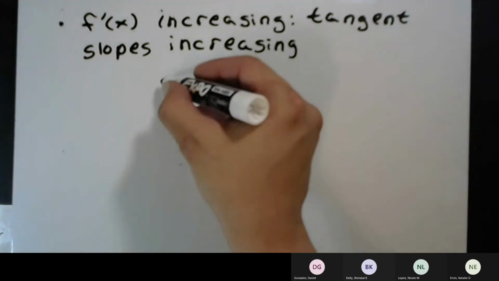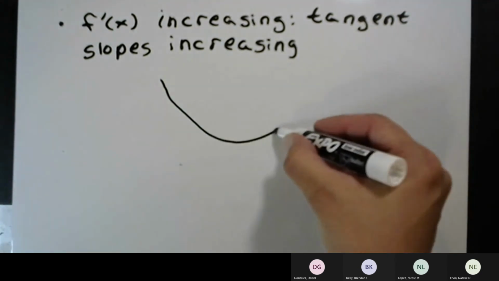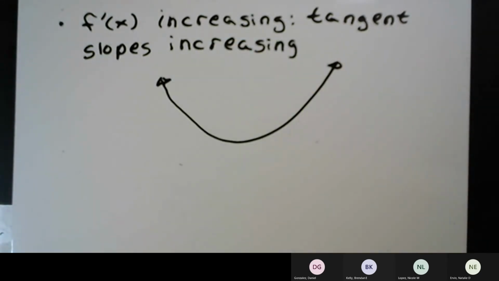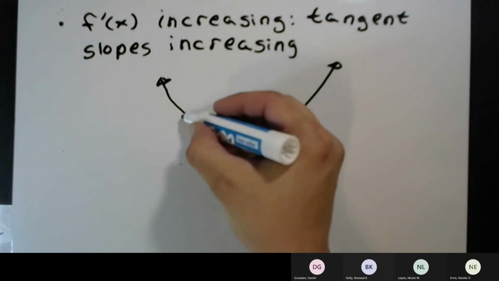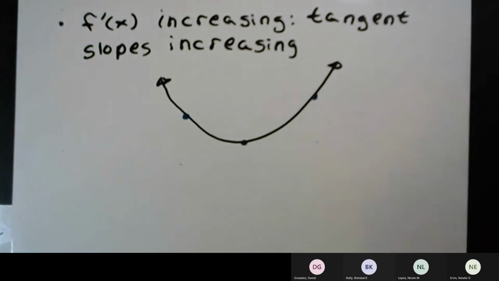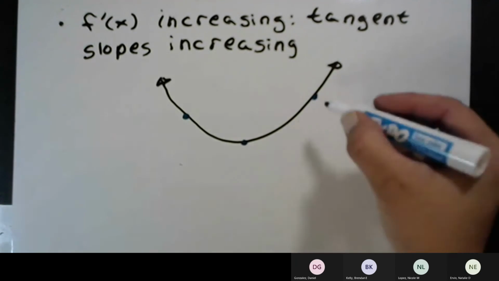To give an example, this might seem kind of silly at first, but then you'll see what I mean. Let's take a look at these 3 points. Look at the tangent slopes.